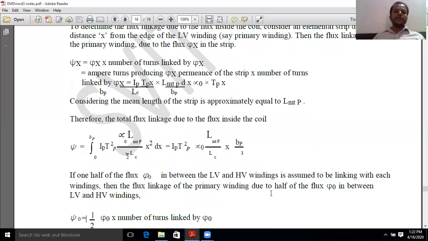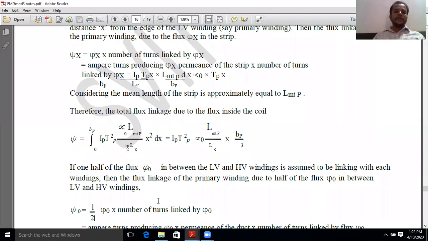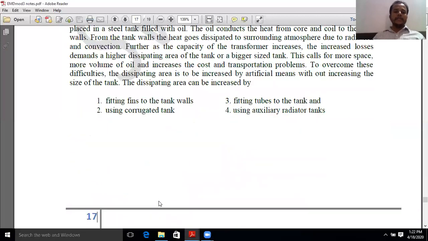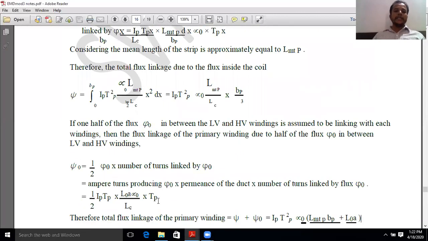So this is the psi x we have considered, and now here the psi ranges between 0 to BP. These are the two limits, 0 to BP, and then we got this psi naught. So whatever the psi is there, the total flux linkage is equal to psi plus psi naught. So this is psi and this is psi naught.